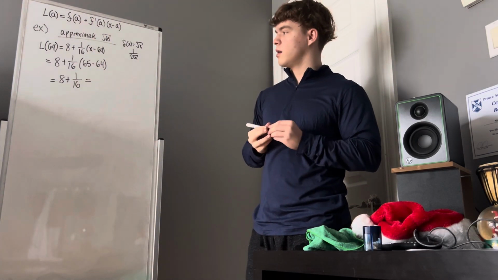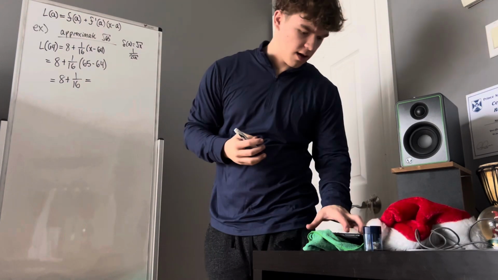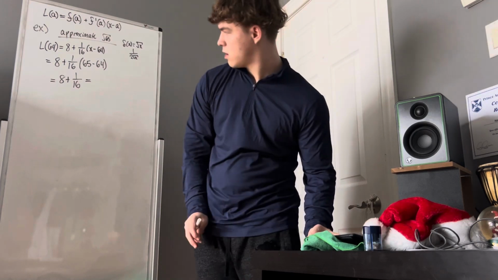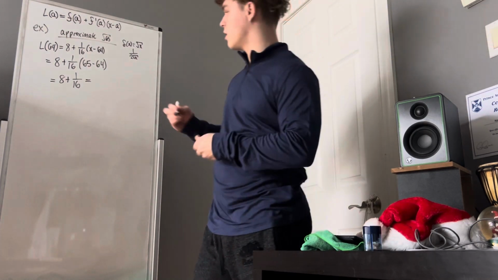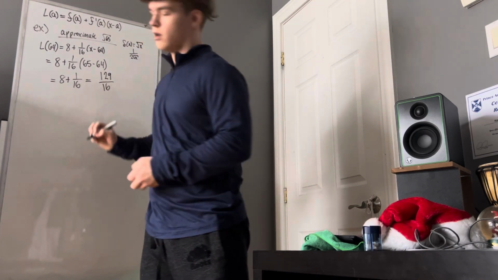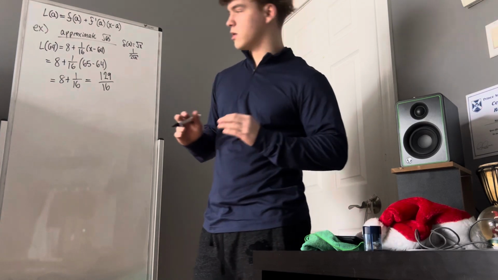Now, that's going to be 8 times 16, which I can't exactly do in my head. Let's do 8 plus 1 divided by 16. That's going to give me 129 over 16. And we'll put that into decimal form. That's about 8.0625.